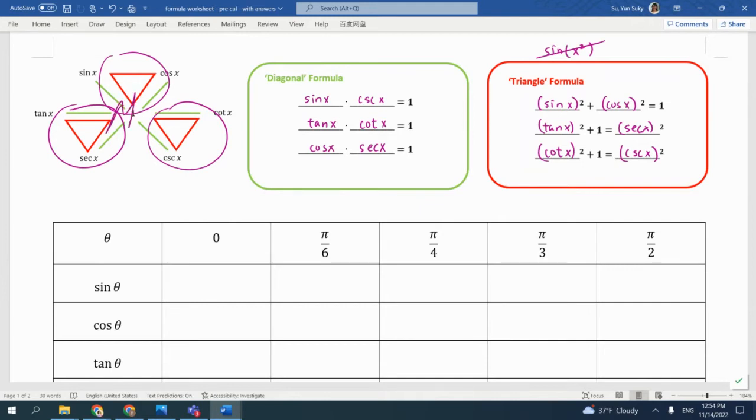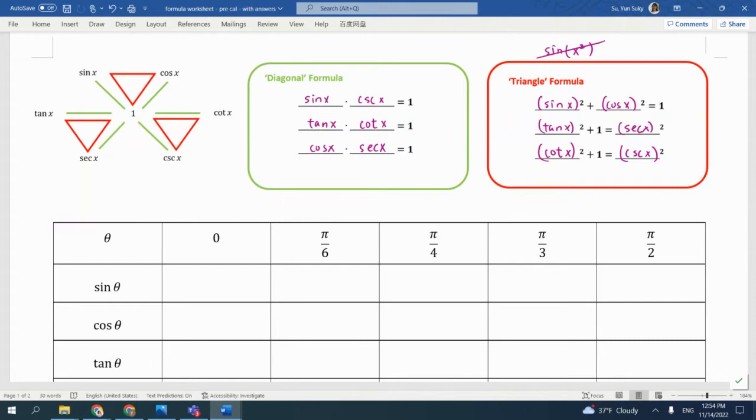And also, you know, sine is opposite over hypotenuse, right? Cosine is adjacent over hypotenuse, right? And tangent is opposite over adjacent.